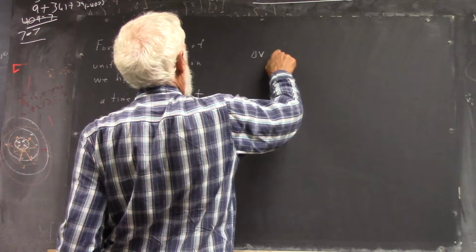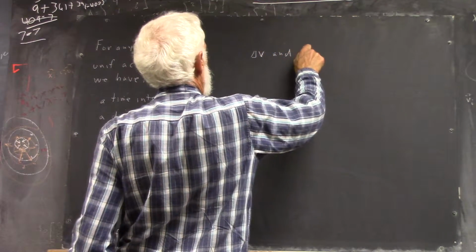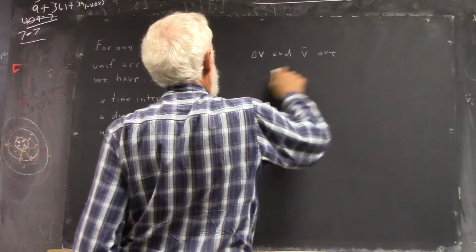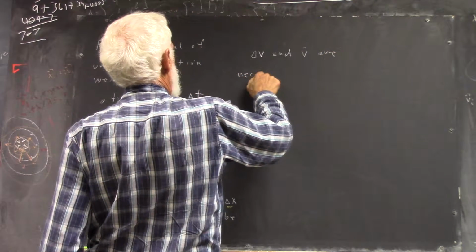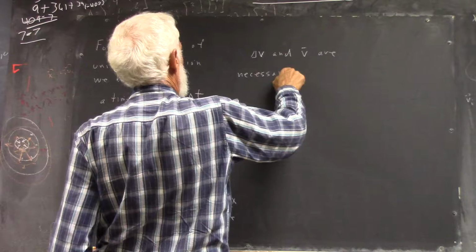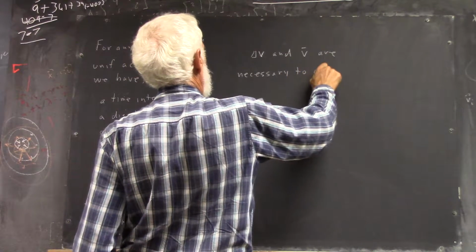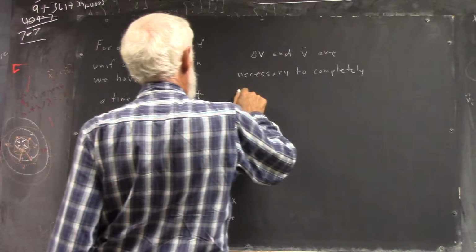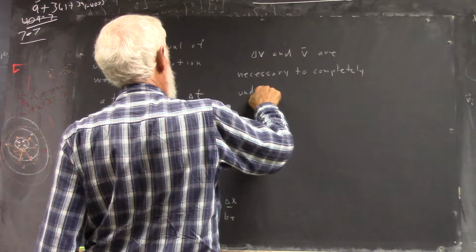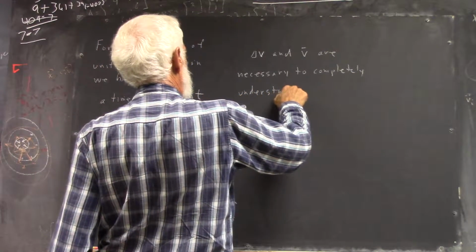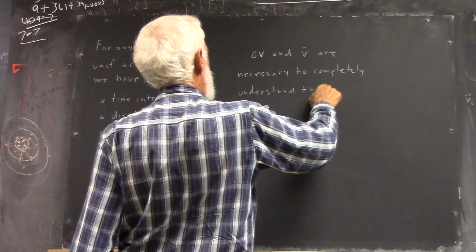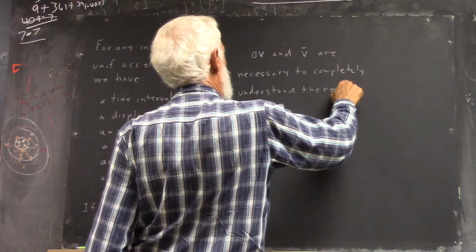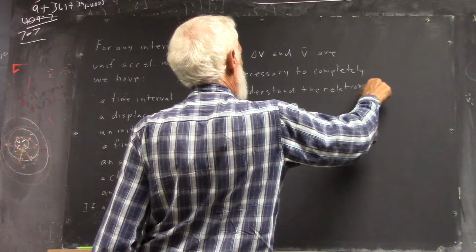Delta v and v bar are necessary to completely understand the relationships.